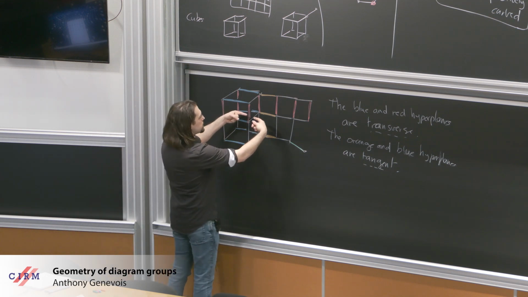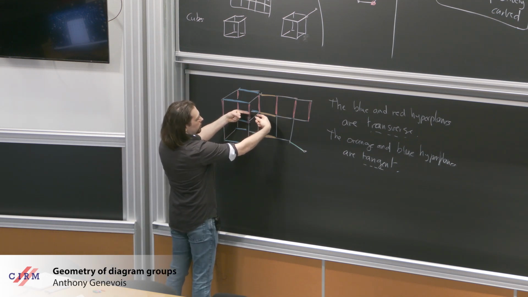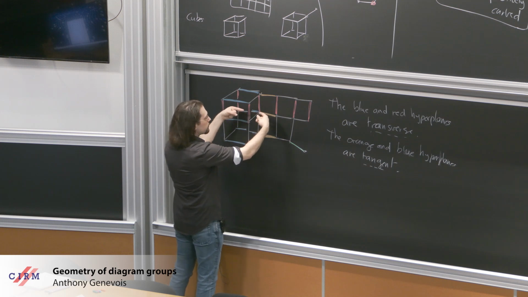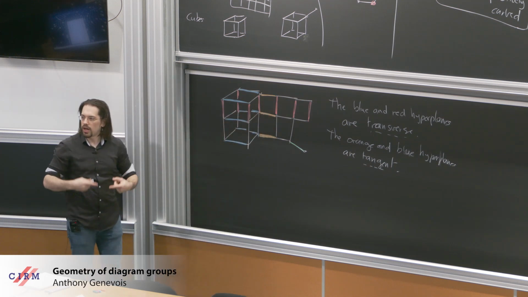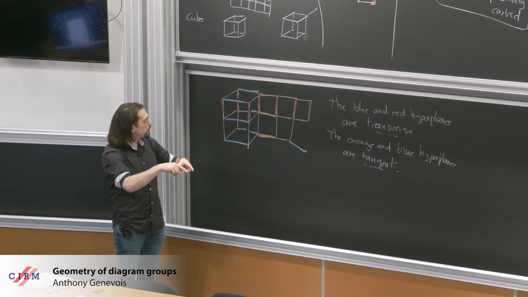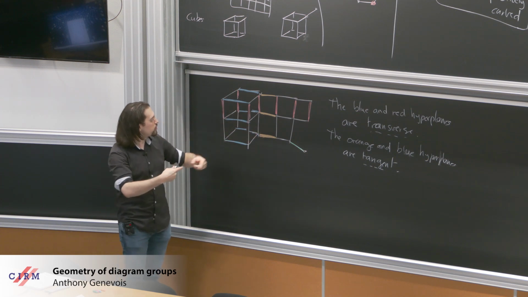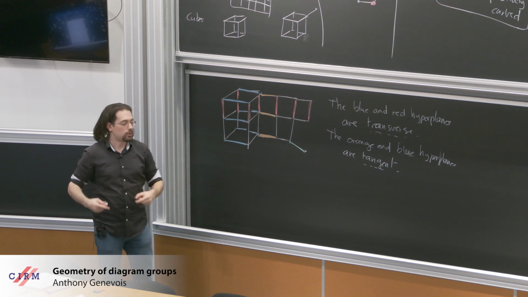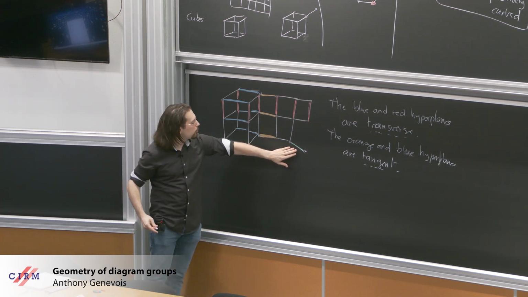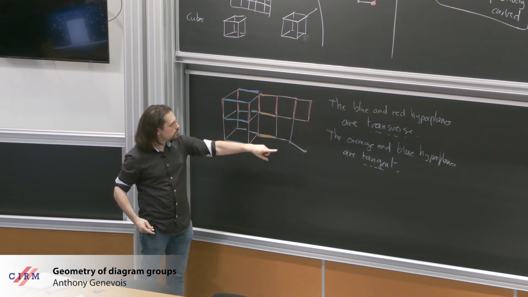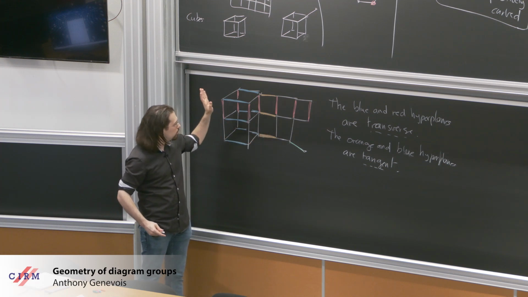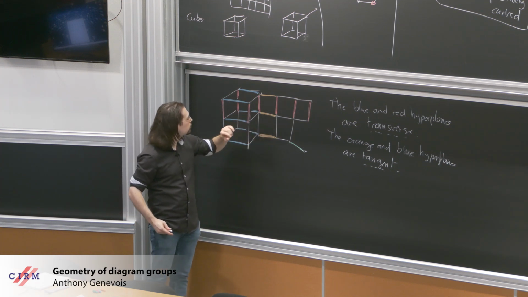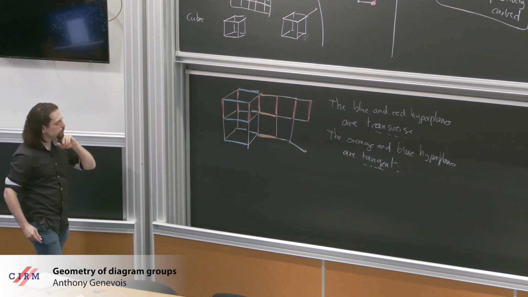It's because it's possible to find two edges, one in each hyperplane, such that they intersect, they have a common endpoint, but they do not span a 4 cycle. Either they span the 4 cycle, and in this case they are transverse, or they do not, and in this case they are tangent. But they have to intersect. So for instance, if I take the green hyperplane, it is neither transverse nor tangent to all the other hyperplanes, so orange, red and blue.